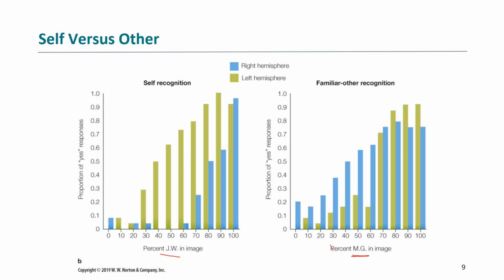They show the image to the patient. They show their own image, and they also show a familiar other. They found that the left hemisphere is better at recognizing self.